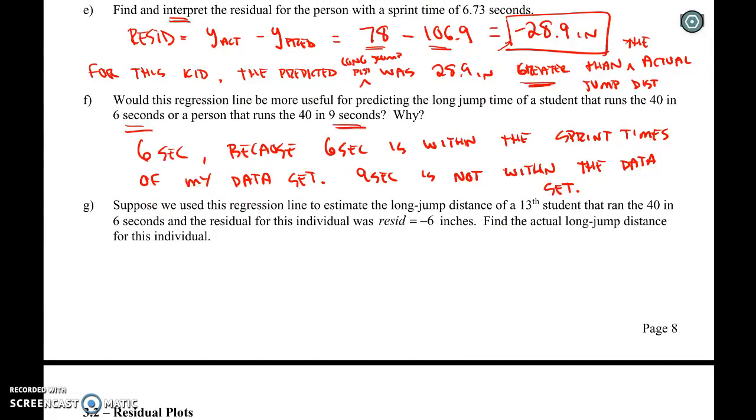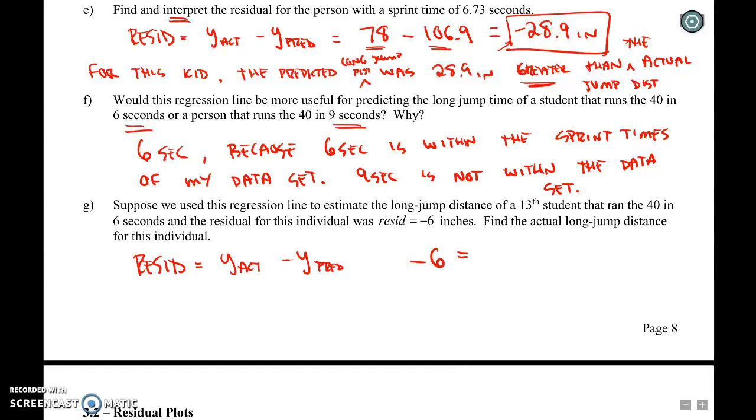Suppose we use this regression line to estimate the long jump distance of a 13th student that ran the 40 in 6 seconds, and the residual of this kid was negative 6 inches. Find the actual long jump. Well, residual equals y actual minus y predicted. I know the residual. The residual is negative 6.